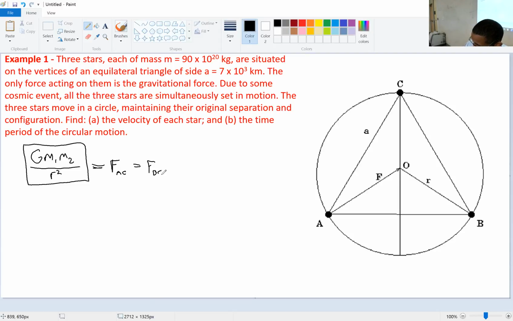So B and C, and then A and B. And we can just call that F prime because it's going to be the same thing. So we just plug in the numbers. And actually right here, what he does is he uses, let me actually copy what he uses.